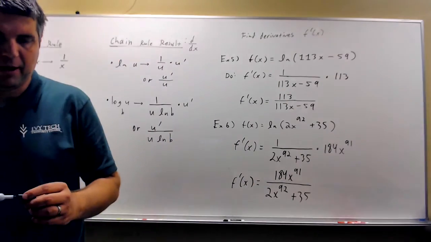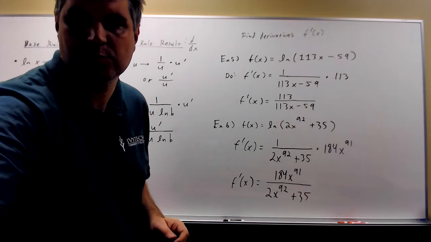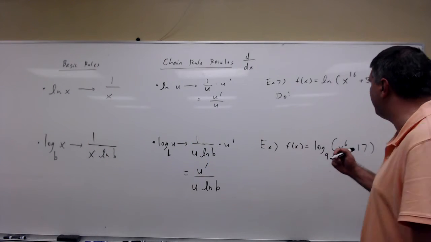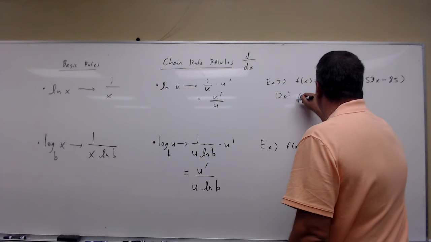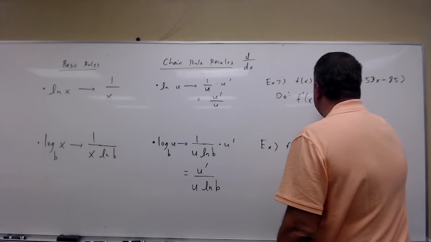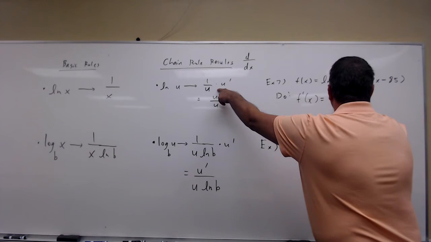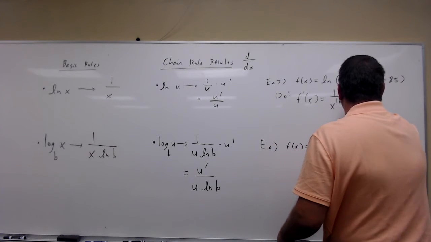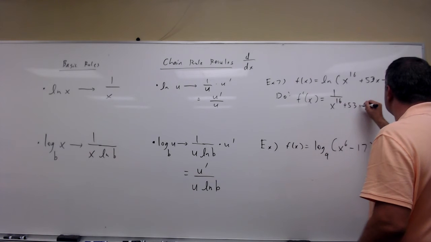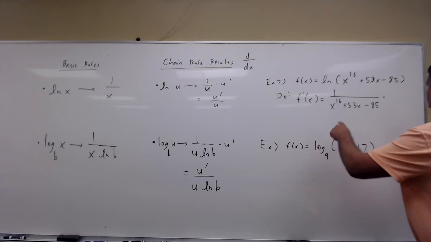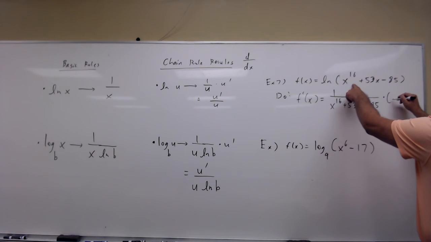All right, I'm going to pause here again. Okay, I decided to come up with a couple more examples. This one's f prime of x, following this rule here, it'll be 1 over the argument, x to the 16th plus 53x minus 85, times the derivative of your argument, 16x to the 15th plus 53.